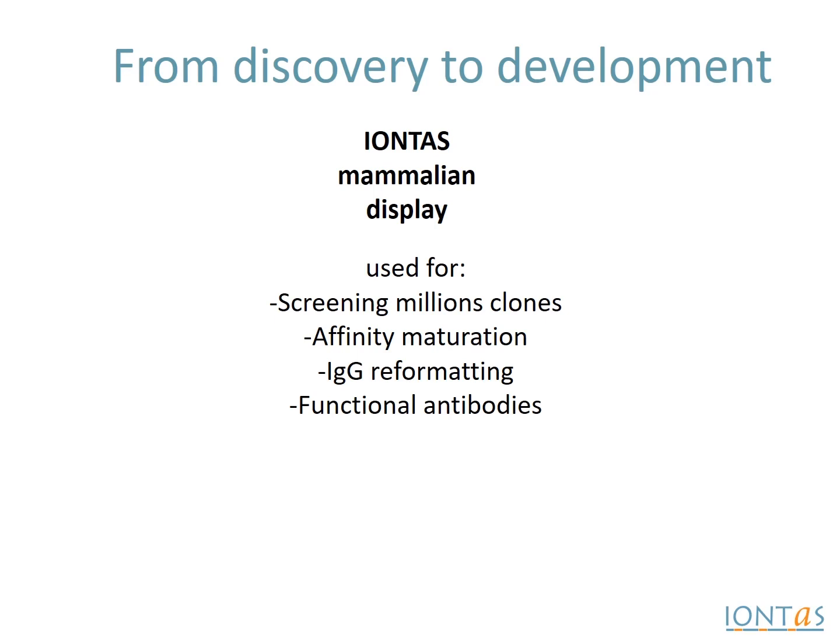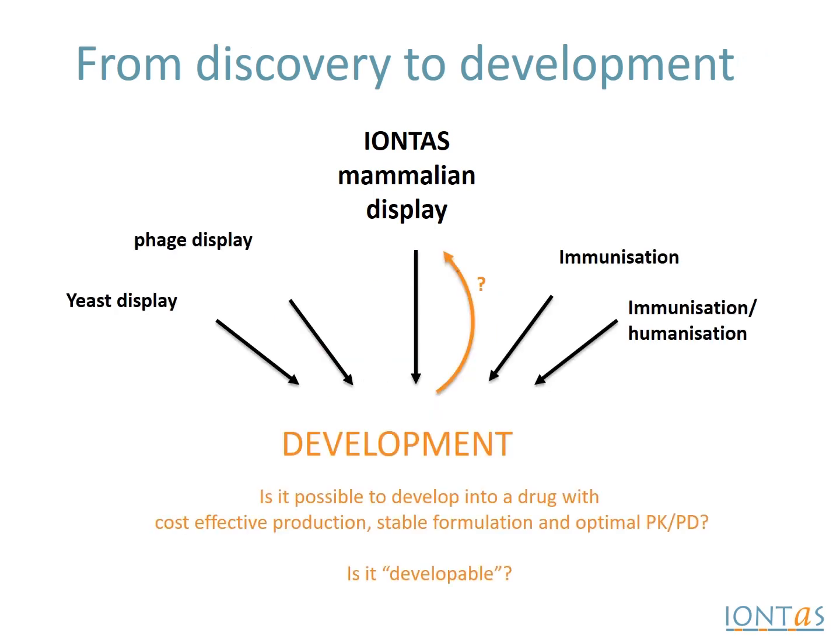There are, of course, several options for generating human antibodies, and some of these are shown here, each with their various pros and cons. But ultimately, whatever the source of the antibody, there's a need to actually turn it into a drug molecule for it to actually be developed into a product.